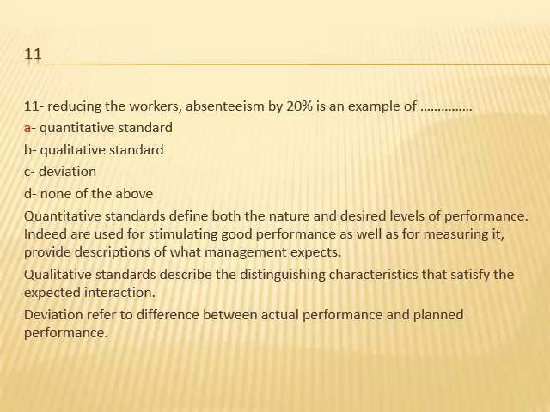A qualitative standard describes the distinguishing characteristics that satisfy the expected interaction. Deviation refers to the difference between actual performance and planned performance.